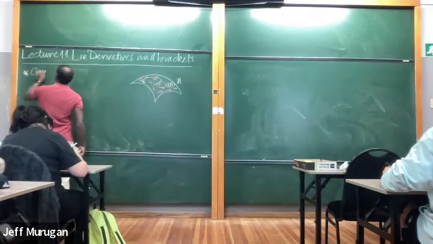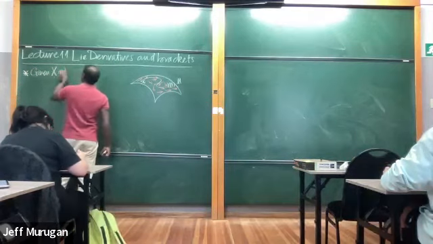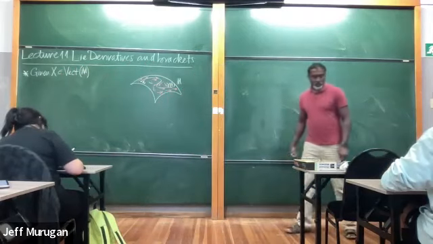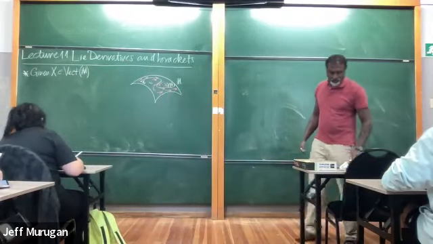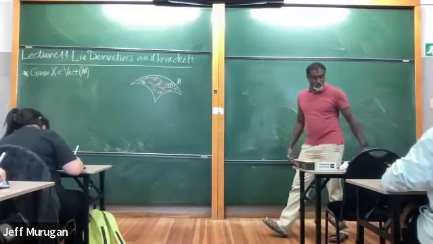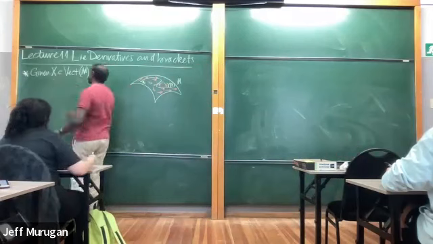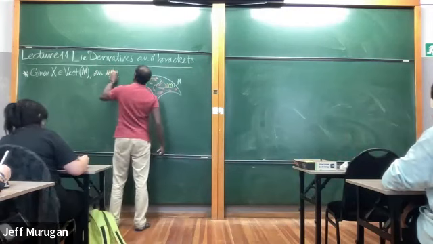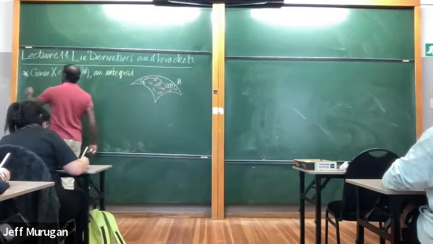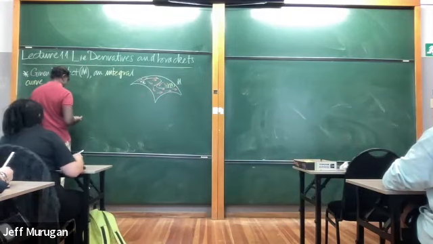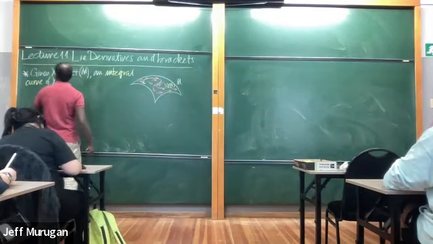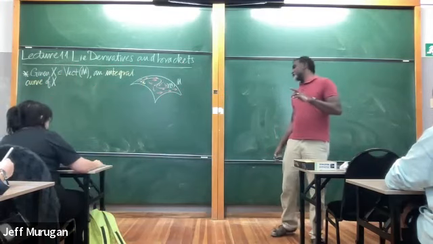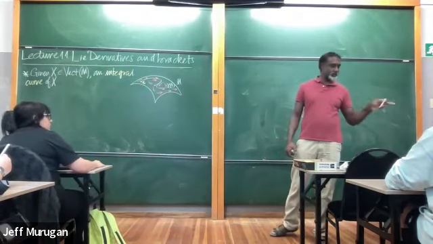So given some vector field X, an integral curve of X is a curve whose tangent vector at the point x(t) is X evaluated at x(t).